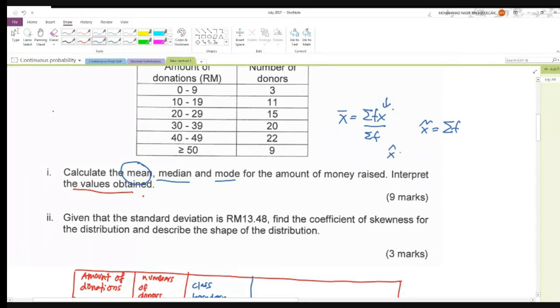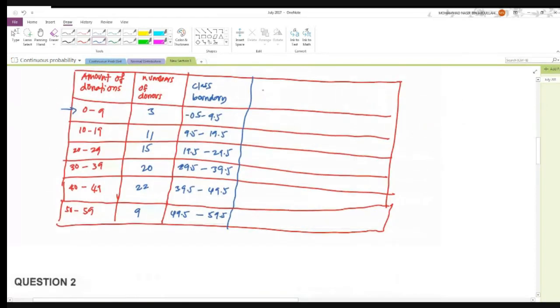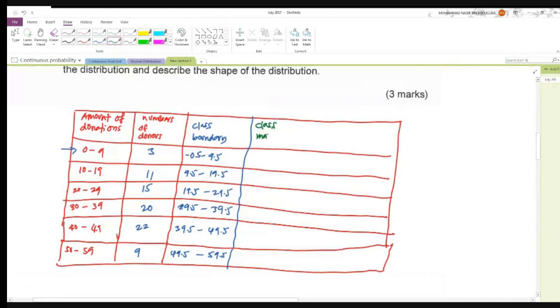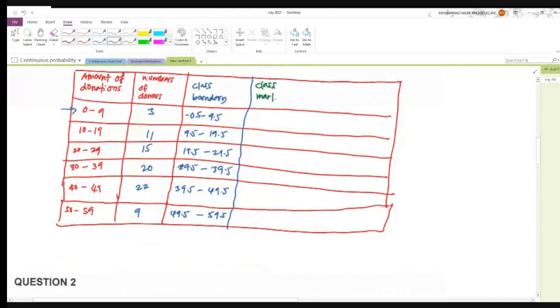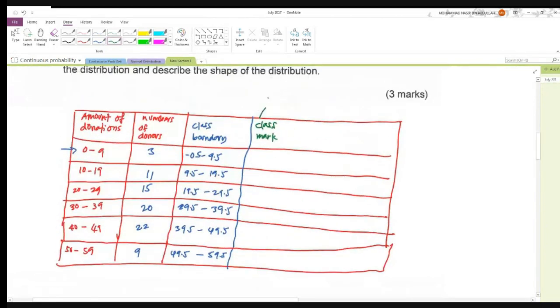For mode, what do we need? We don't really need cumulative frequency. We just need a frequency value. So now we need to create a class mark, or midpoint.